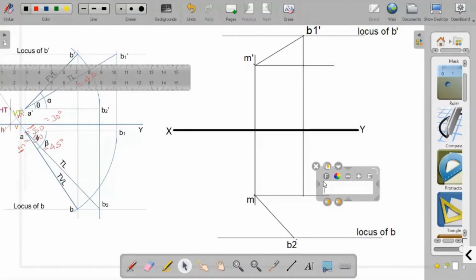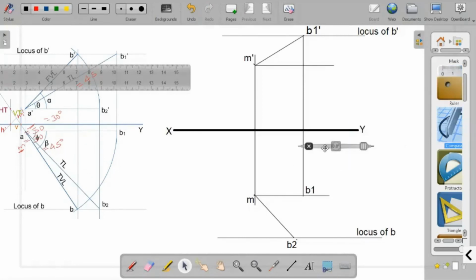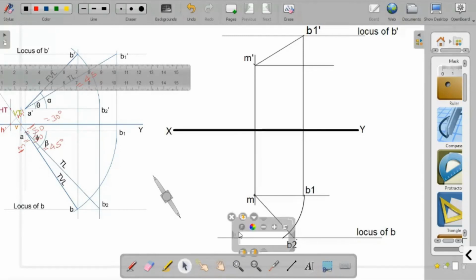Now with the compass, take M as center and MB1 as radius. Draw an arc. So this is point B. Now join MB using a straight line.